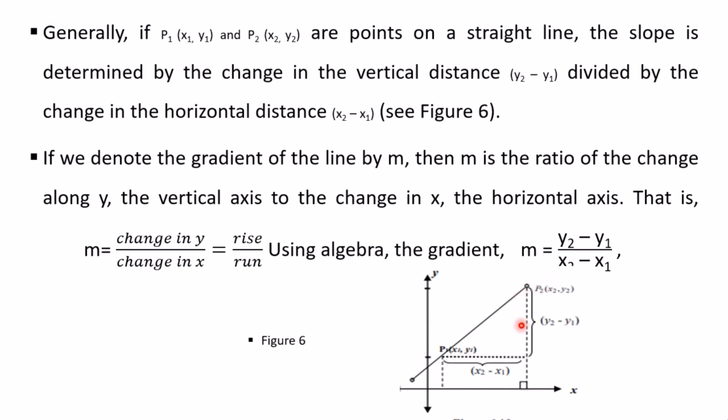So the change in the y component over the change in the x component gives us our gradient. If we denote the gradient of a line by m, then mathematically we can write m equal to change in y over change in x, the rise over the run. Using algebra, the gradient can be written as y2 minus y1 over x2 minus x1.